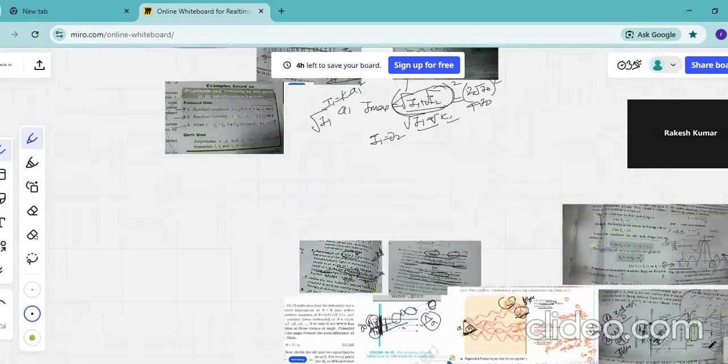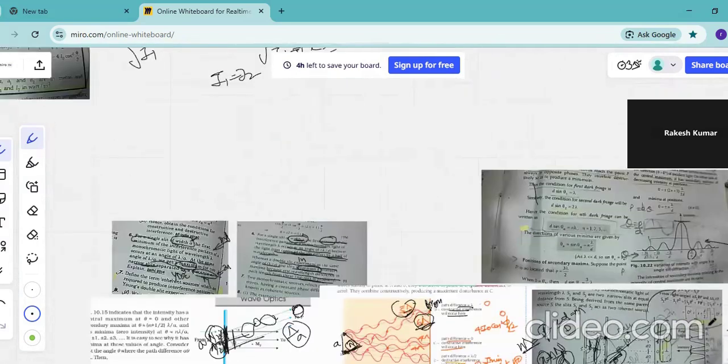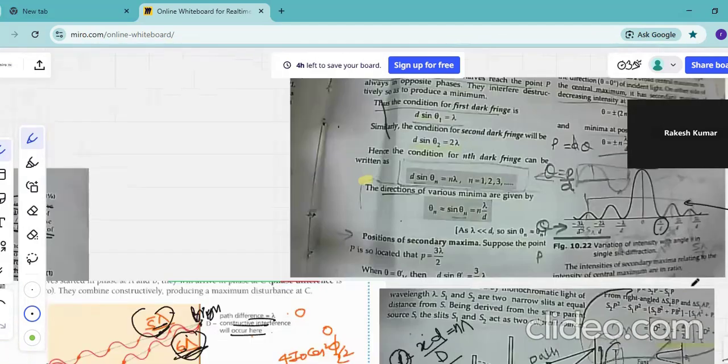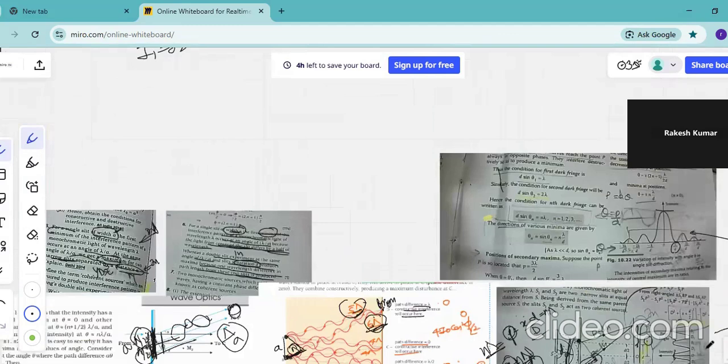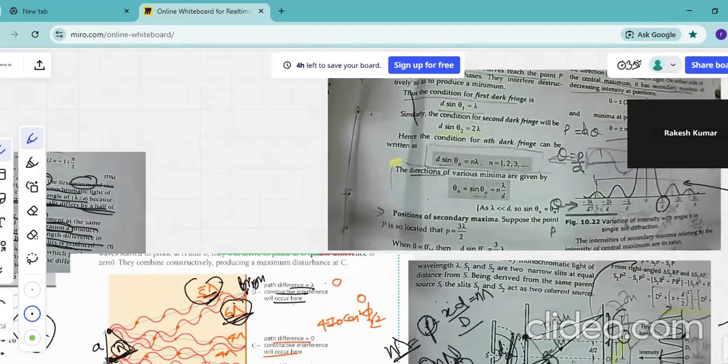So please try to understand, compare and contrast the difference. See how here you are getting maxima only at the center. Here you are getting minima at lambda by d. Here you are getting maxima at lambda by D. Of course, this is capital D. I'm talking of the angular separation.